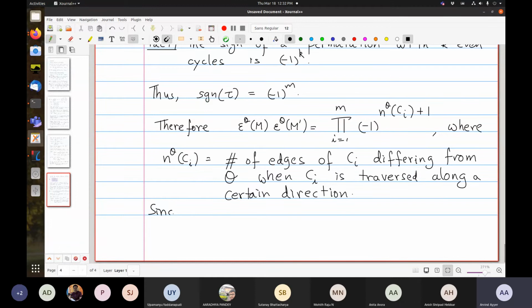Since the cardinality of Ci is even, the direction does not matter.